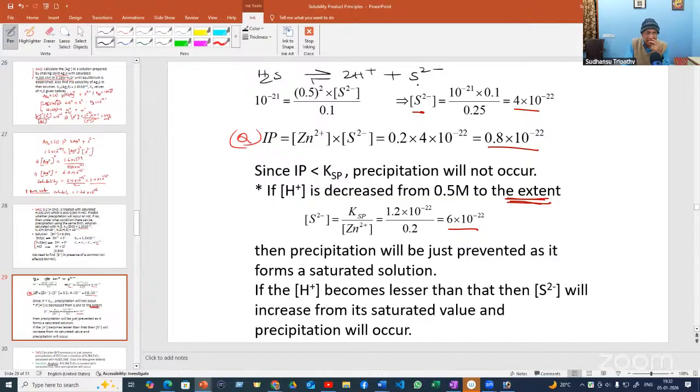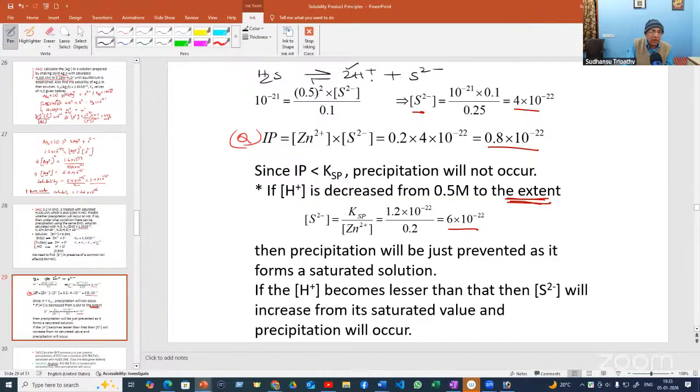And this one is x. I'm not writing x. I'm not writing 2x. I'm just saying that 2x has been neglected. Simply 0.5 square, because the coefficient is 2. And sulfide ion we will find out in the presence of such a high value.